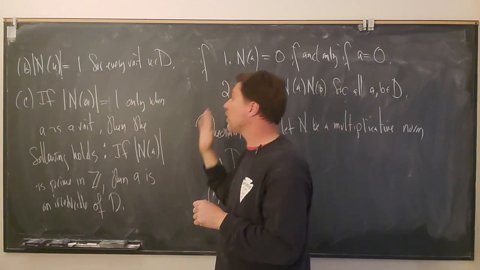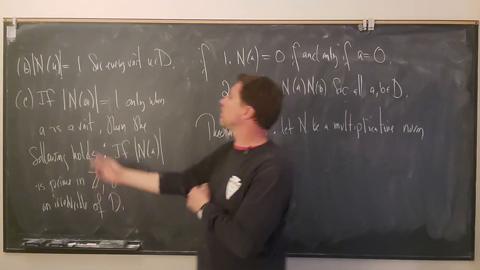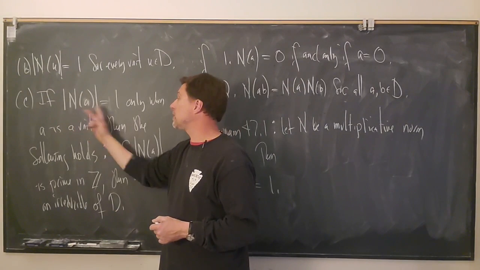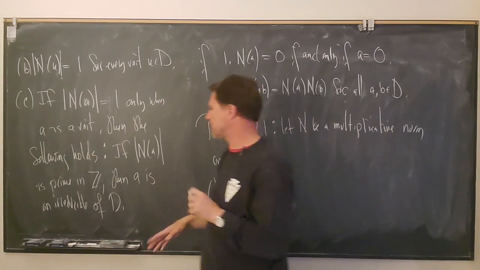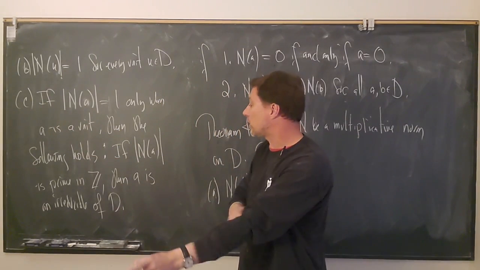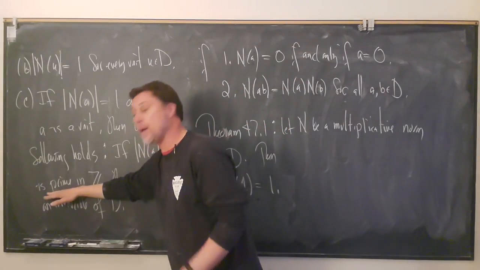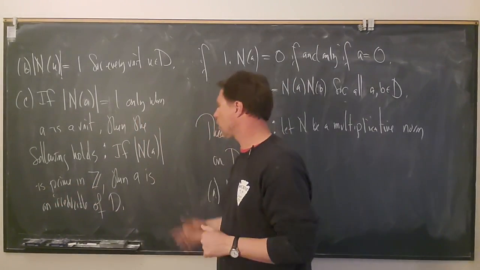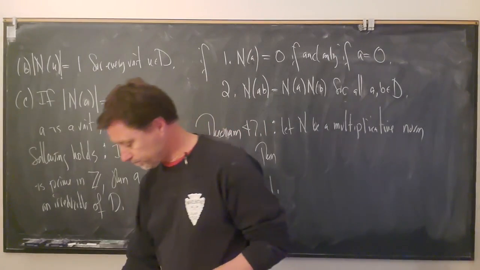However, if your norm is such that the absolute value of the norm is equal to 1 only for units, then this nice property happens. It allows us to detect irreducibles, right? If the absolute value of the norm is prime, a prime number in the integers, then we can conclude that A is irreducible.